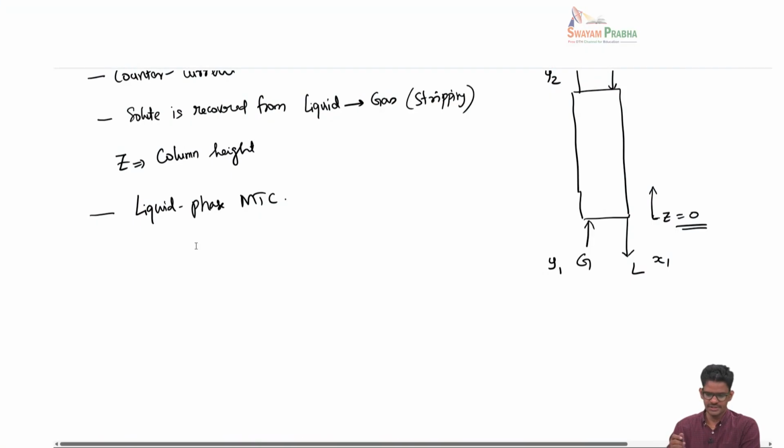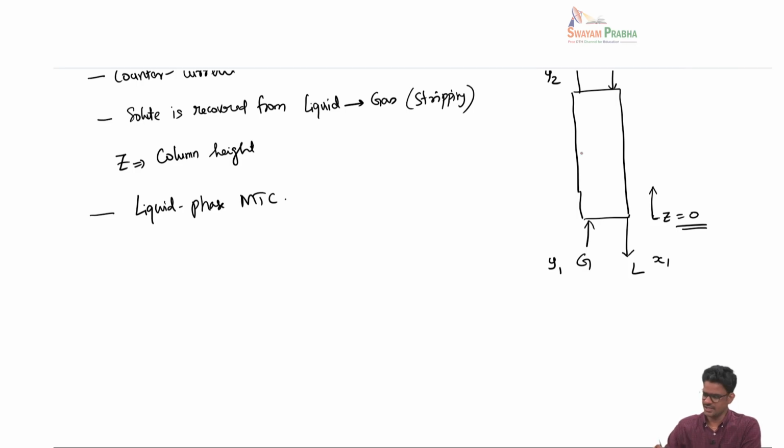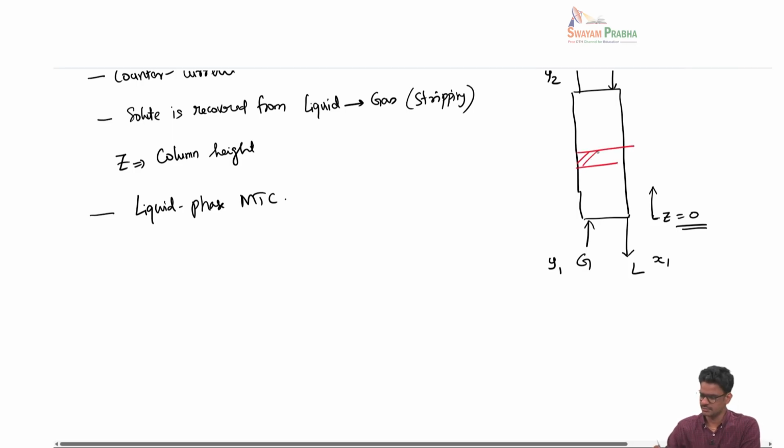So our approach is that we will take a very thin section here. So this point is at Z and this point is at Z plus dz.